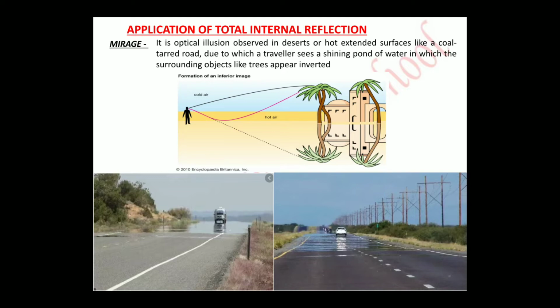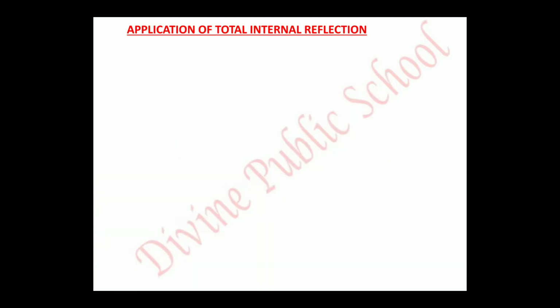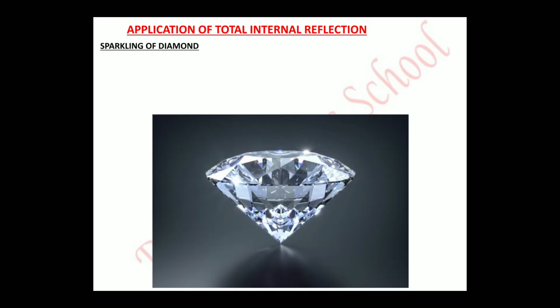We are moving to our second application, and that application is the sparkling of diamond. If you have seen a diamond, you must have noticed that it shines exceptionally bright. Glass of the same size does not shine like a diamond. Why is it so? It is actually due to total internal reflection.